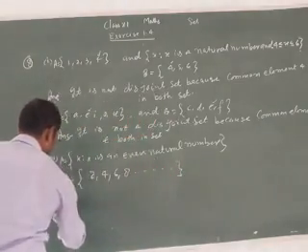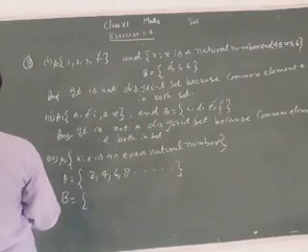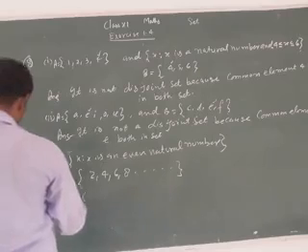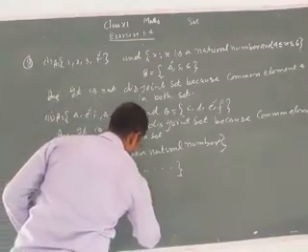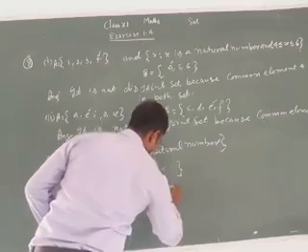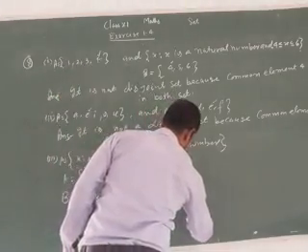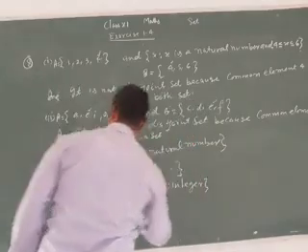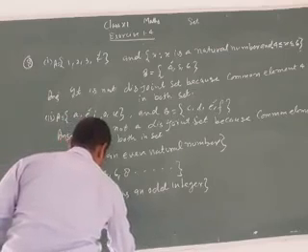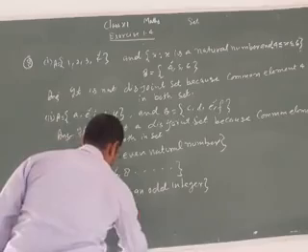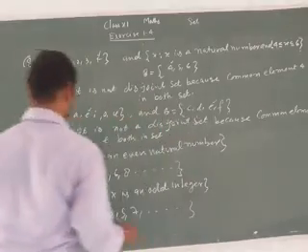And set B is equal to x such that x is an odd integer, so 1, 3, 5, 7, and so on.